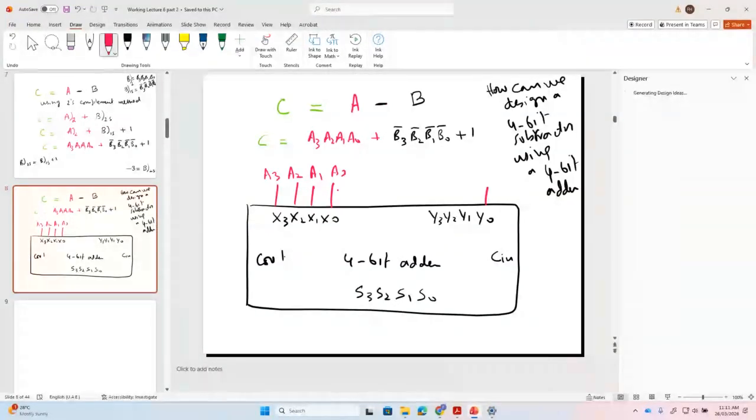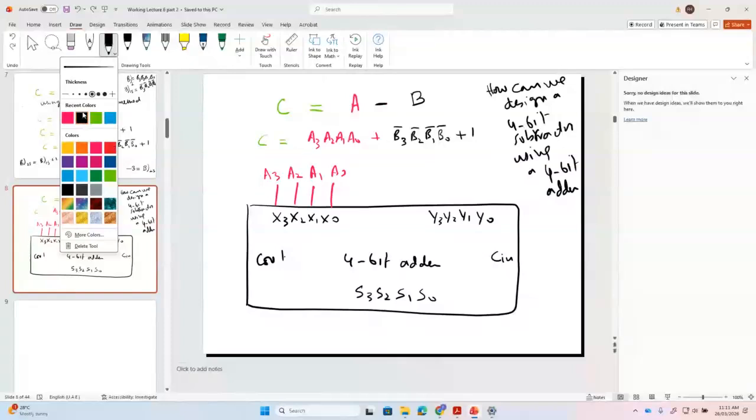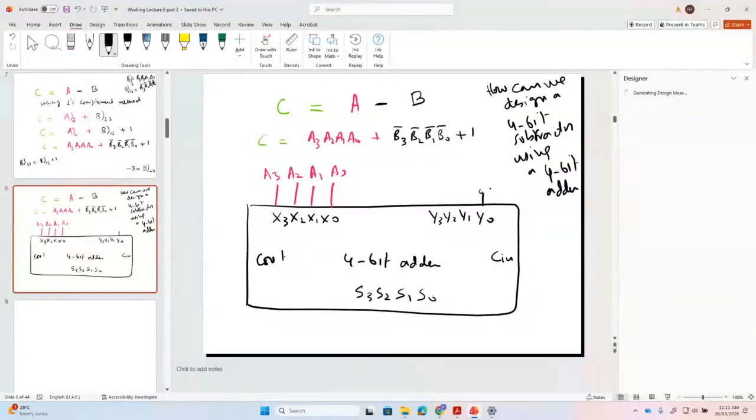To Y. B or B bar? B0 bar, B1 bar, B2 bar, and then B3 bar.